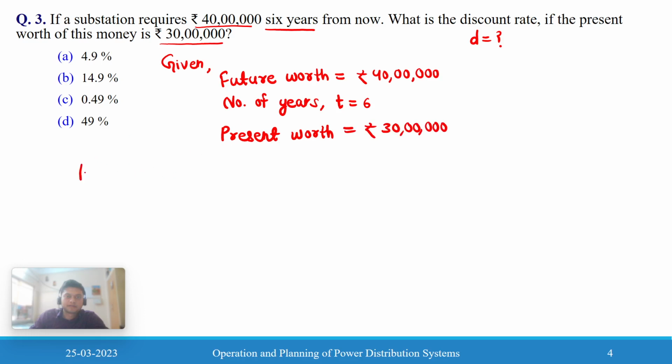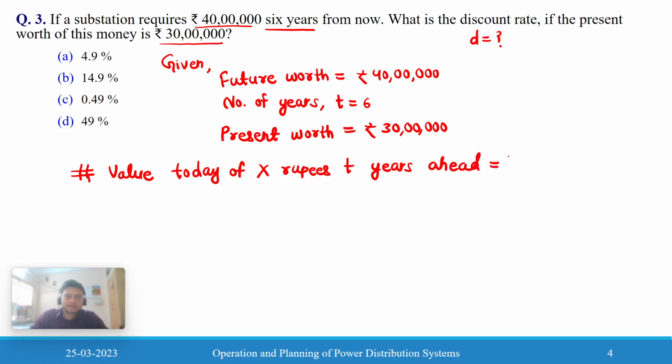So we know that the value today of x rupees t years ahead is x into the present worth factor.